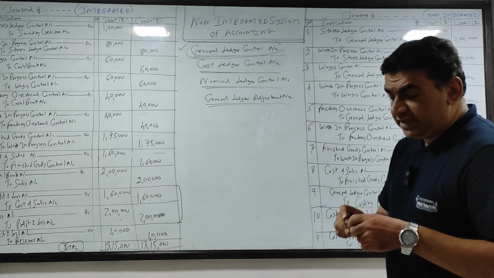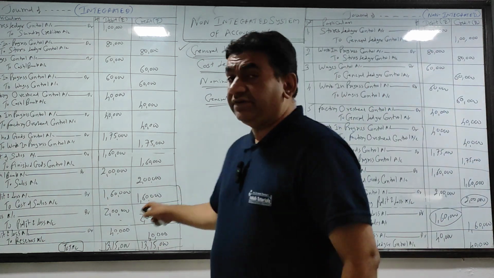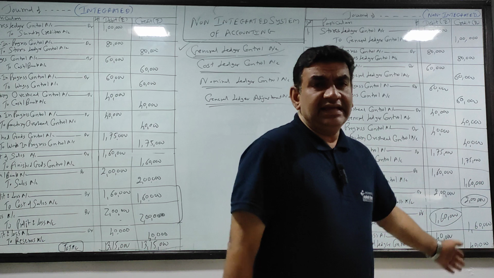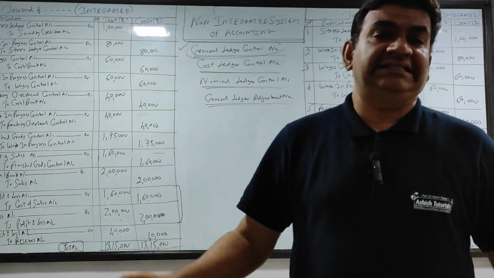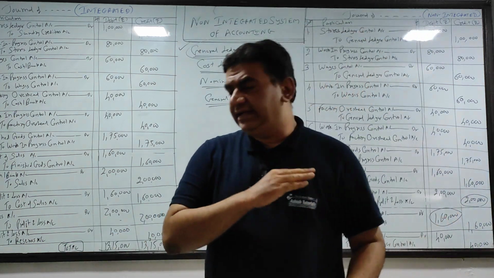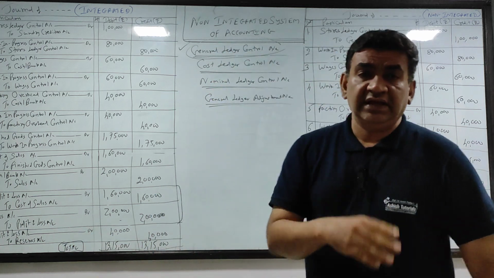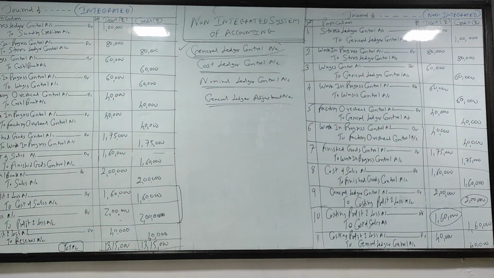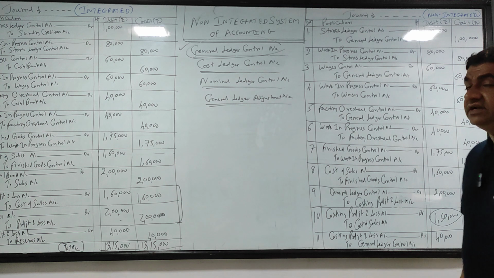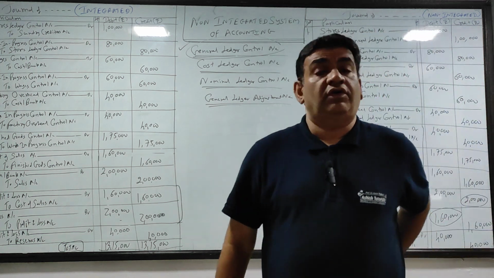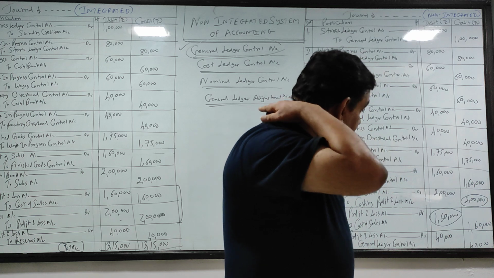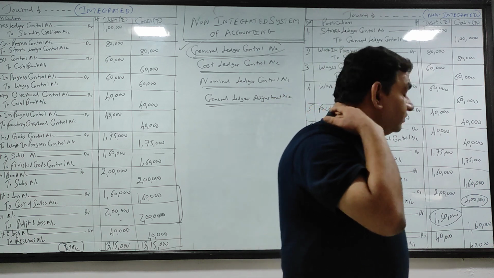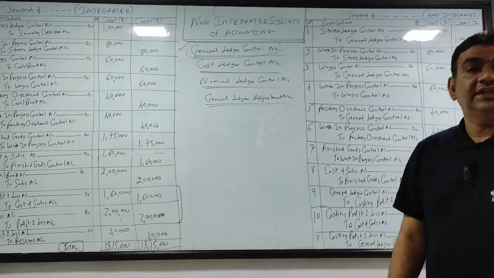So there, my profit and loss goes to reserves or capital. Here, whichever is the organization, let it be a sole trader, a partnership firm or a company, it has to go to general ledger control account. So it becomes costing profit and loss debit 40,000 to general ledger control account 40,000. Got it?